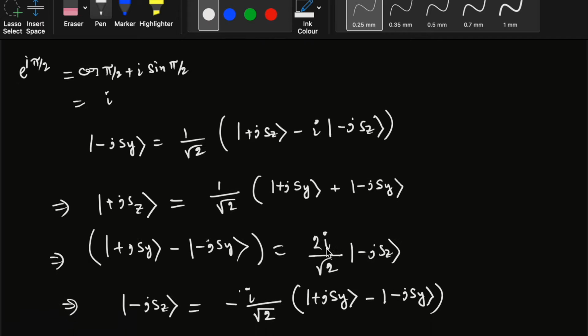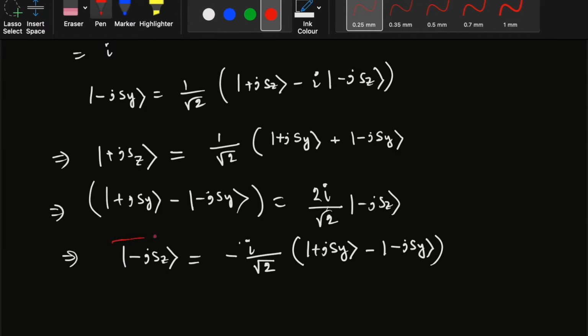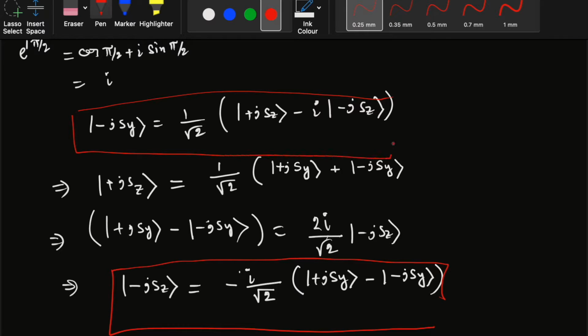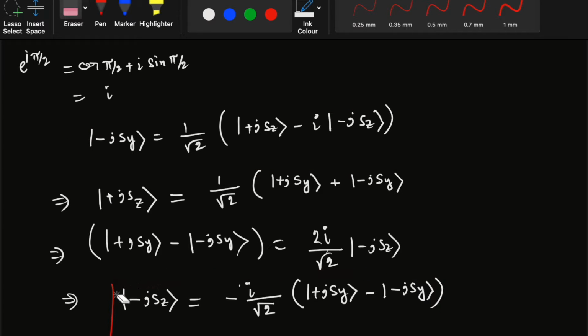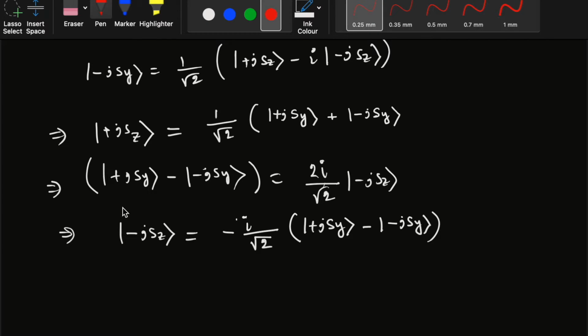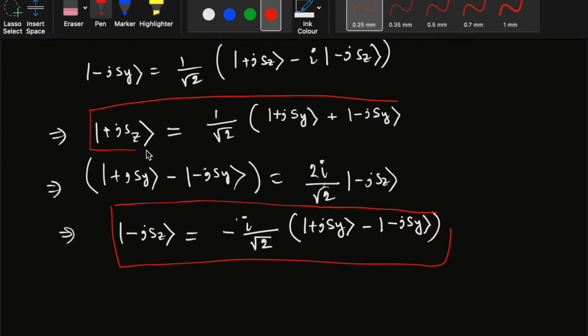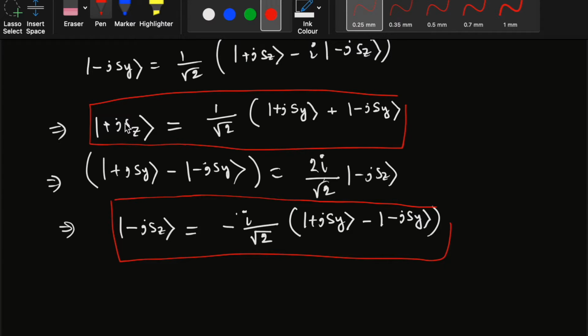So from this and this relation, we can say that we can express plus Sz and minus Sz in terms of plus Sy and minus Sy, and again from these equations we can also write plus Sy and minus Sy in terms of plus Sz and minus Sz.